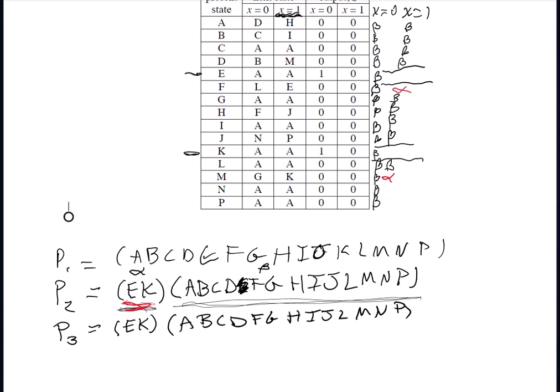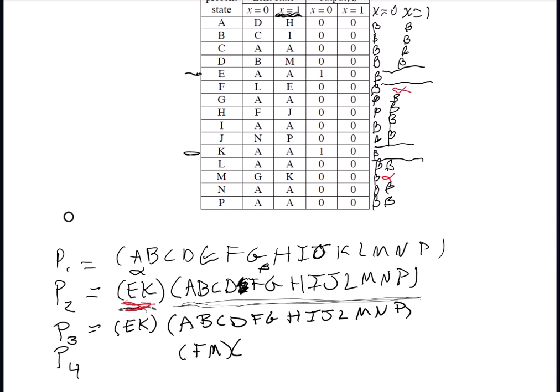Okay, so what we found now is that we can partition our second partition here. We can separate out F and M, because they have different 1 successors.